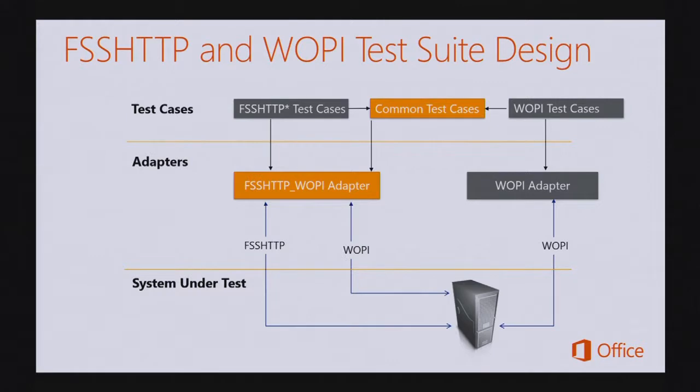This is because WOPI is like a track, and it contains FSS operations. So we can use this adapter. Actually, it's for parsing the FSS HTTP operation, and also works for WOPI.